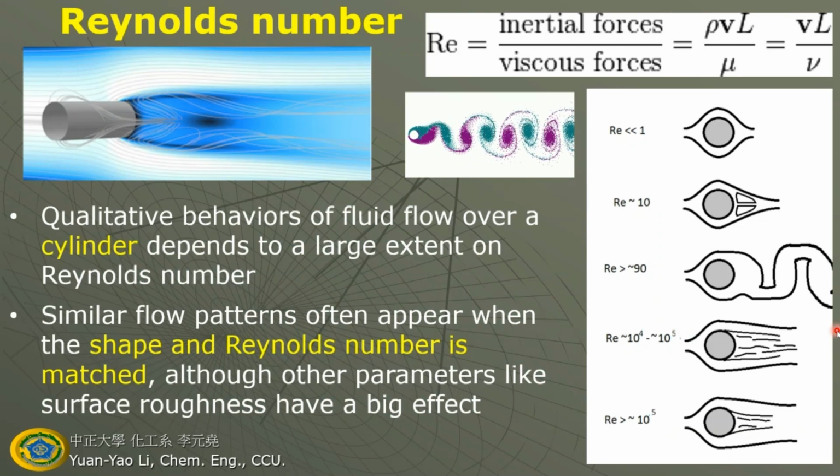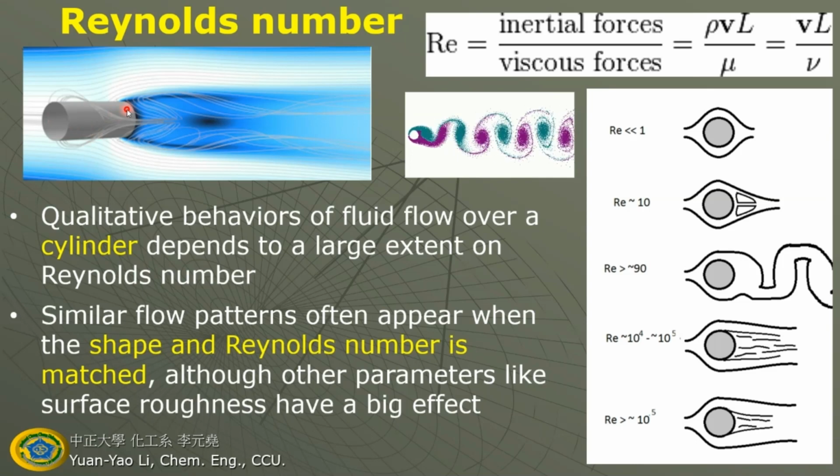If you are a chemical engineer, you need to know what Reynolds number is. Otherwise, you are not qualified as a chemical engineer. Okay, so the qualitative behavior of a fluid flow over a cylinder depends to a large extent on the Reynolds number. This is one example to express Reynolds number.